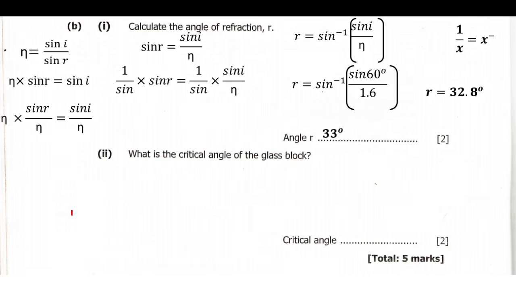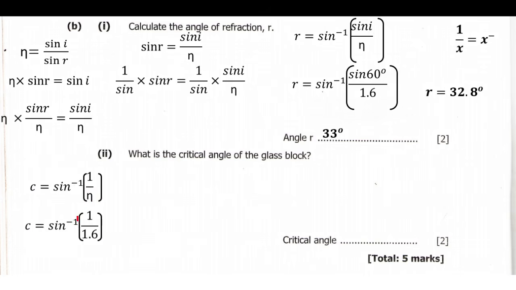So critical angle is calculated by this formula: C, which stands for critical angle, is equal to sine inverse of 1 over refractive index. Here the refractive index of the glass block is 1.6.